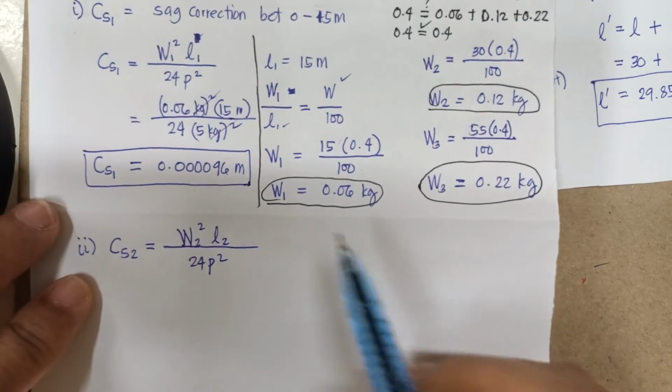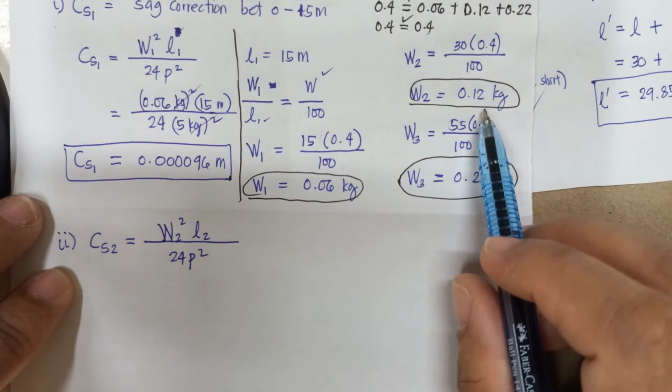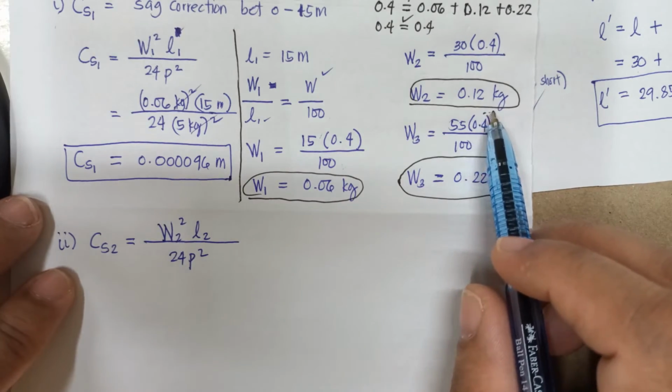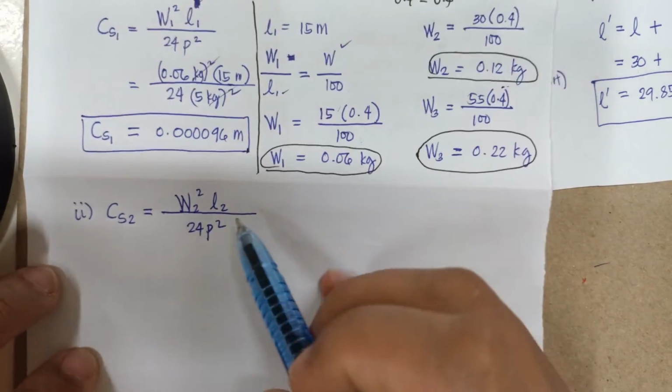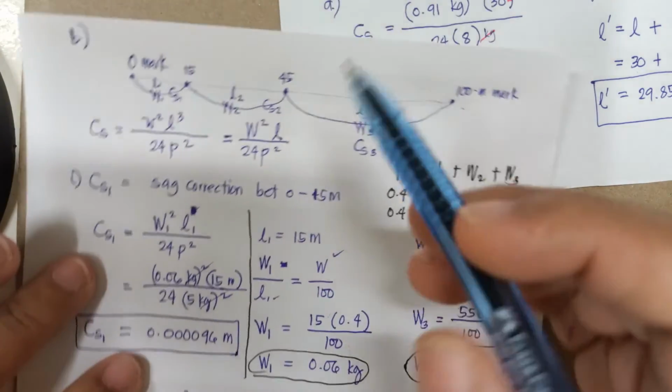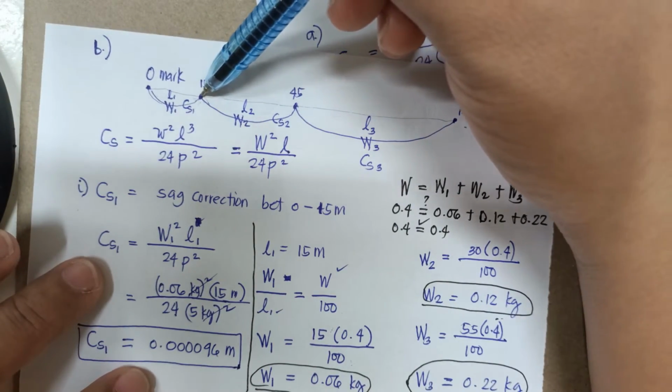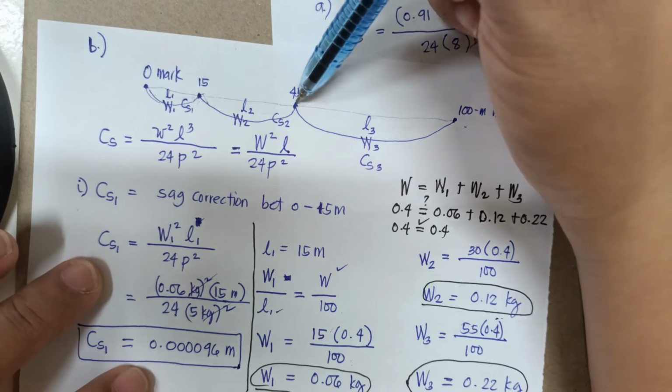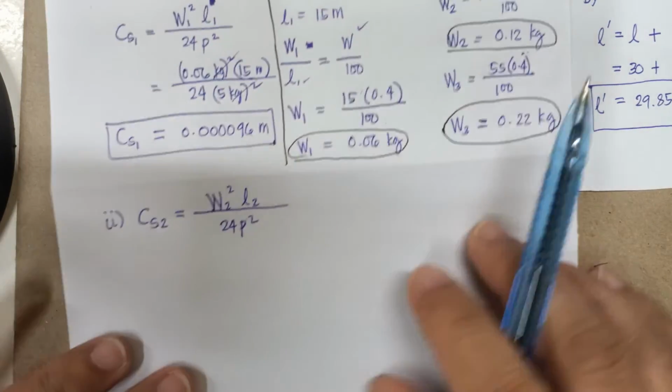We already have the W sub 2, which is 0.12. We also know that L sub 2 is the length between 15 and 45, so of course 45 minus 15, that is 30.